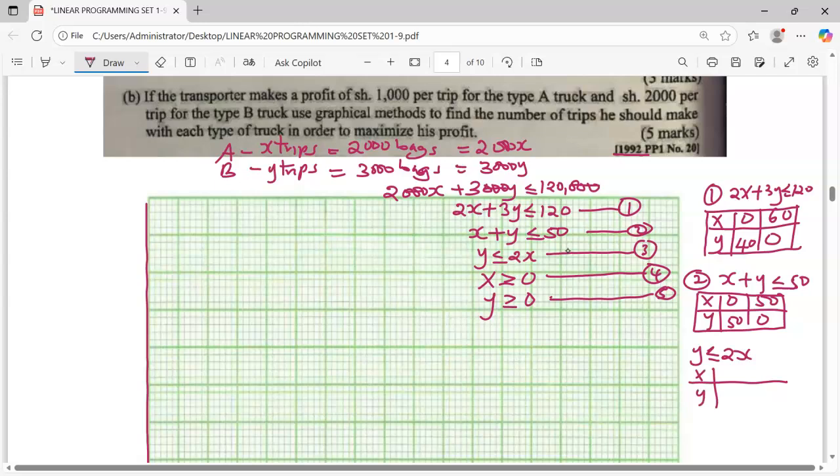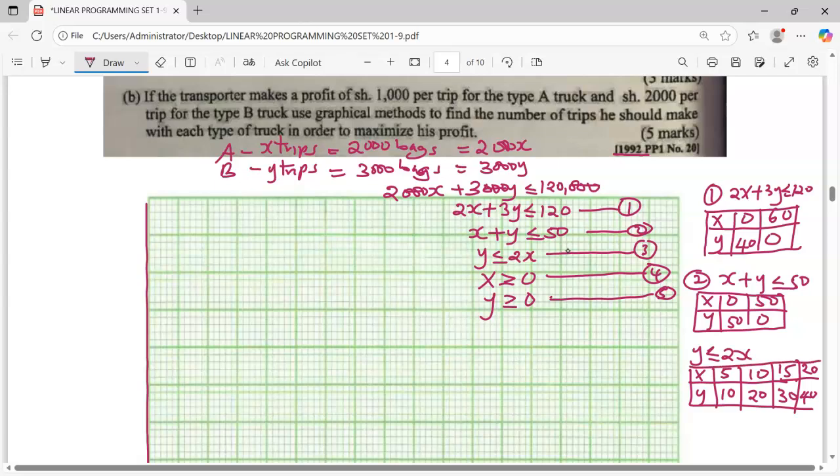If we assume the value of x is 5, then y will be twice 5, which is 10. If x is 10, then y is 20. If x is 15, y becomes 30. And if this is 20, y is going to be 40.